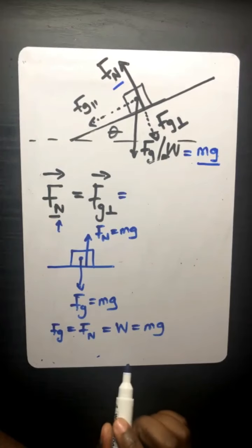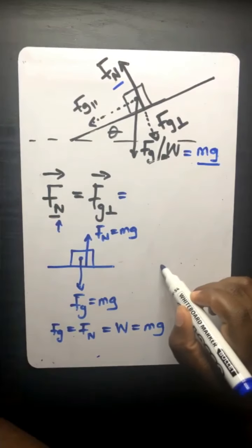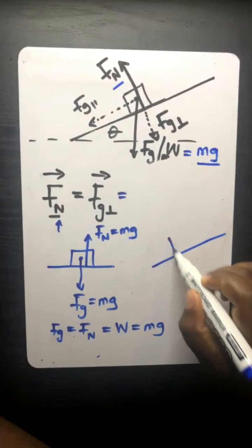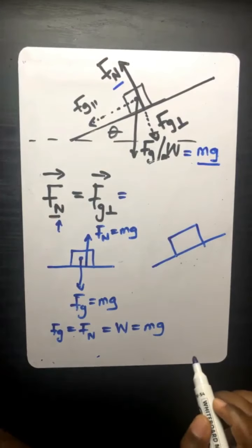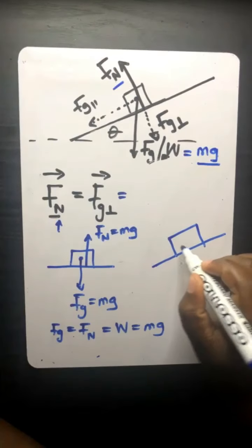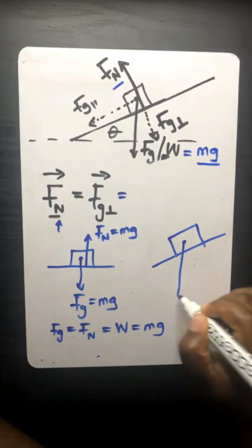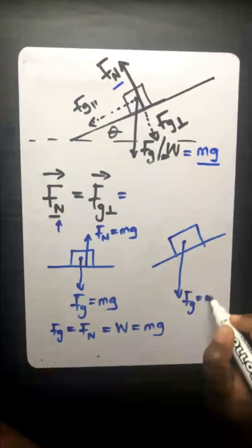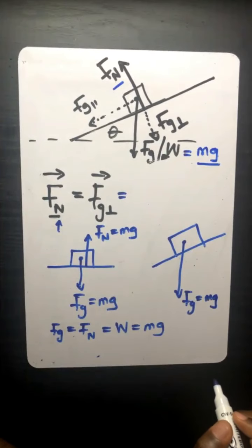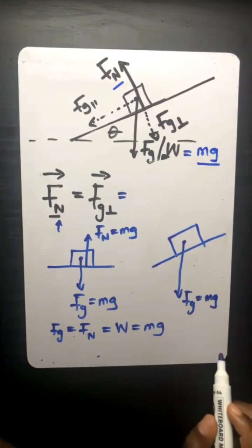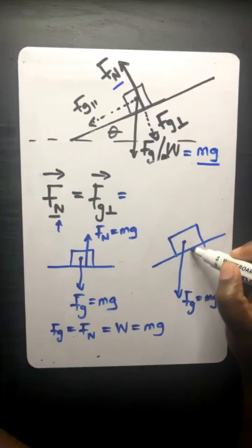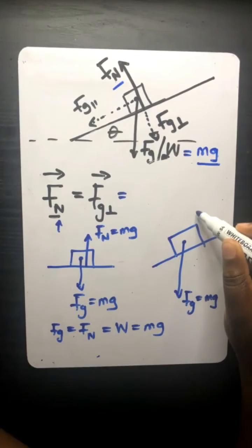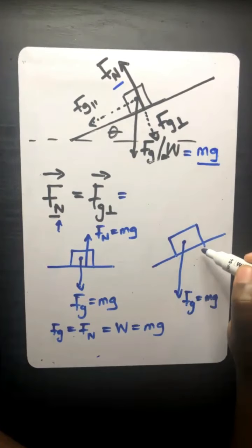Now let's get to the complicated one. This is where an object is on an incline. Can you see, guys, in this case gravity is always directly downwards. It doesn't change. It remains like that at all times. But in this case, can you see, the normal force cannot be upward in that direction. It has to be perpendicular.